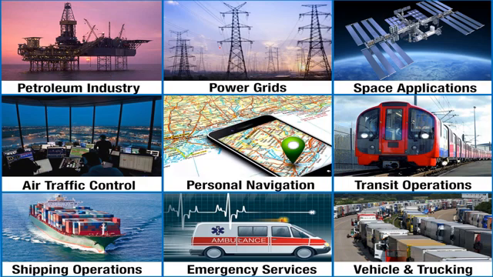The second application is in power grids. Power grids can also utilize GPS. If you want to install power lines or cables along a road or in any area, we use GPS and mark their positions.